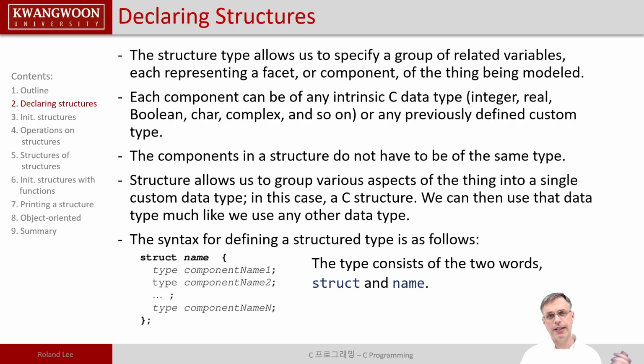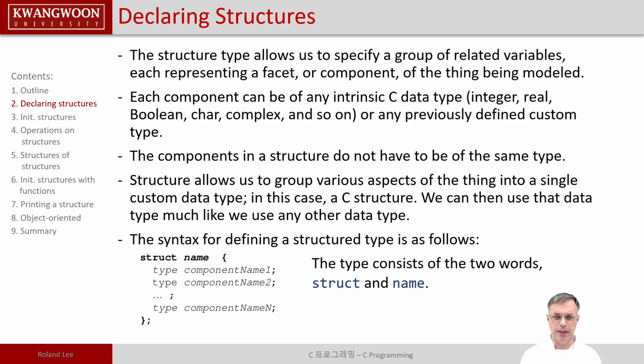More often than not, there are many components. Each component can be of any intrinsic C data type, for example, integer, real, Boolean, char, complex, and so on, as we learned in the previous chapters as well.